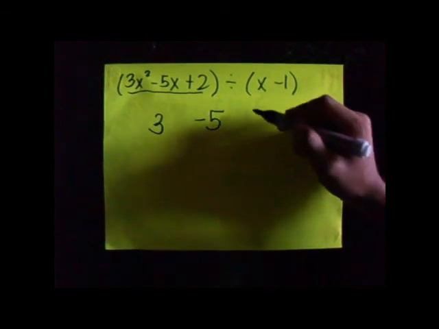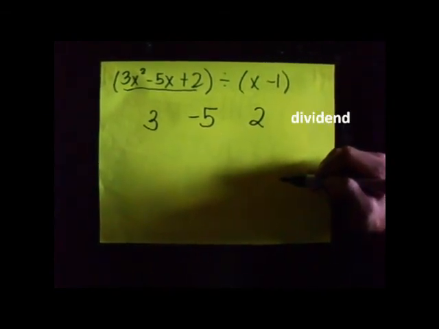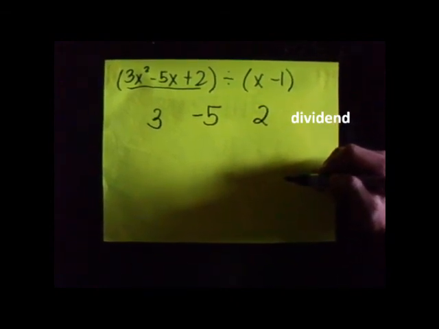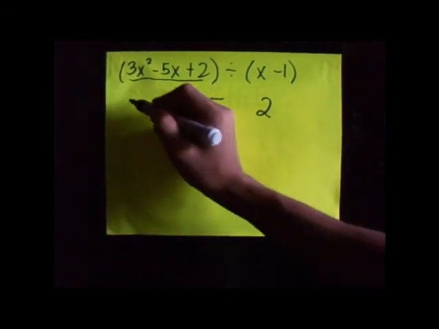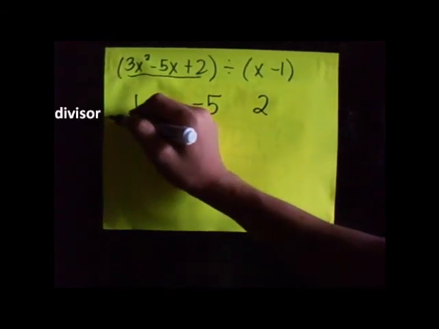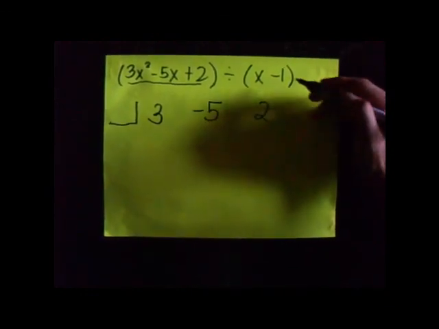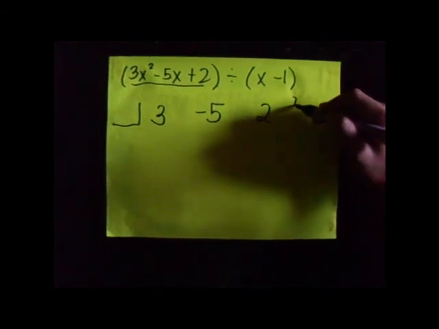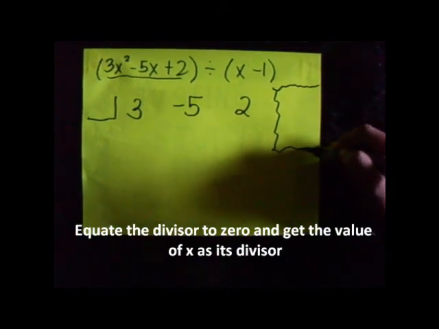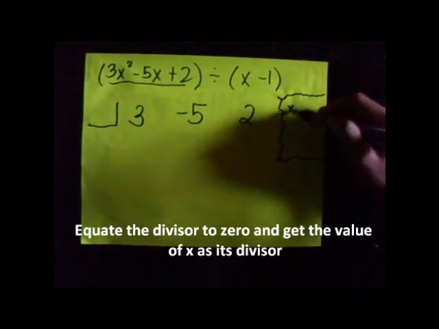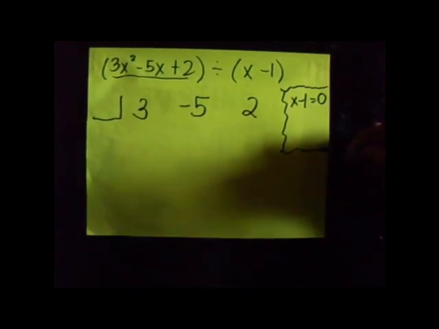Okay, so as we write all the numerical coefficients of the dividend, then what is placed in this portion is our divisor. But in putting our divisor, let us equate x minus 1 to 0 and find the value of x. And the value of x is equal to 1.